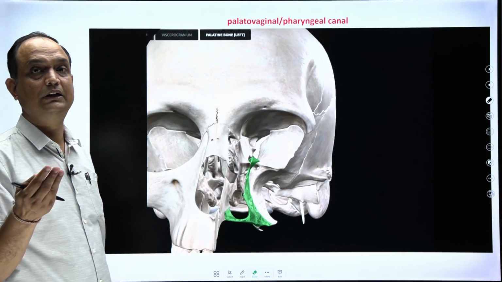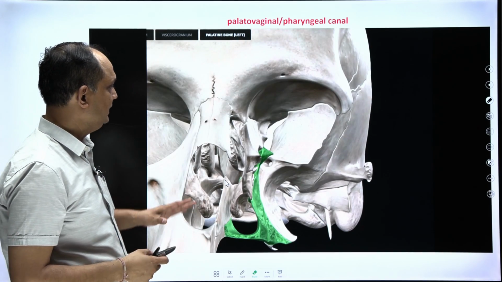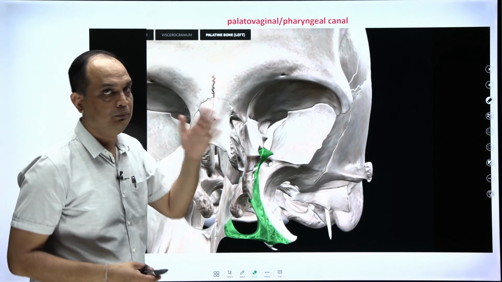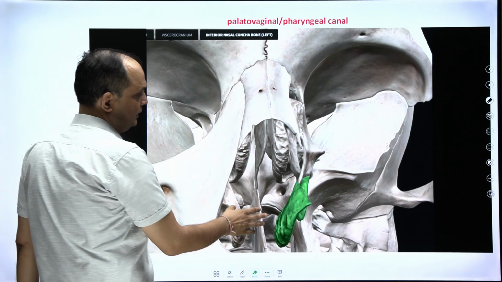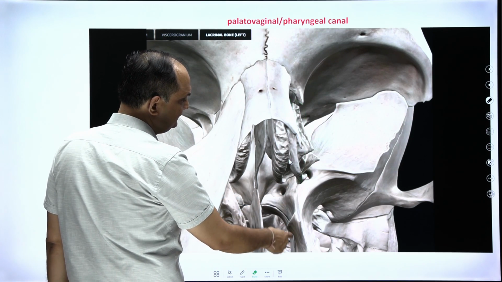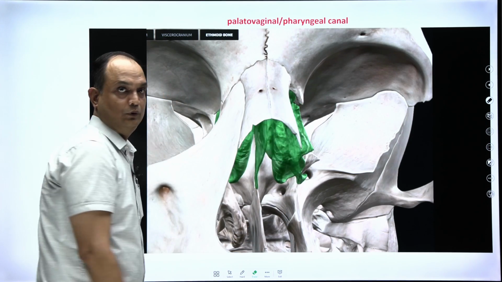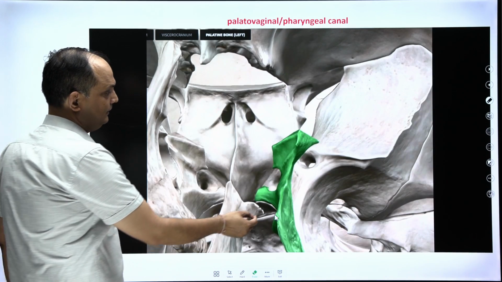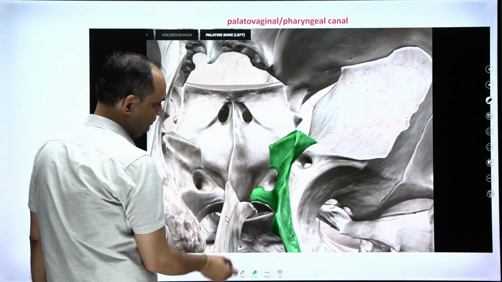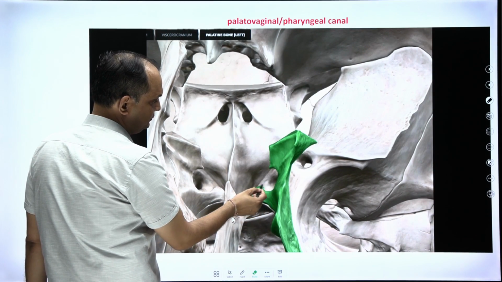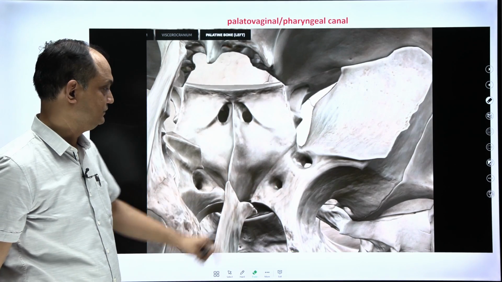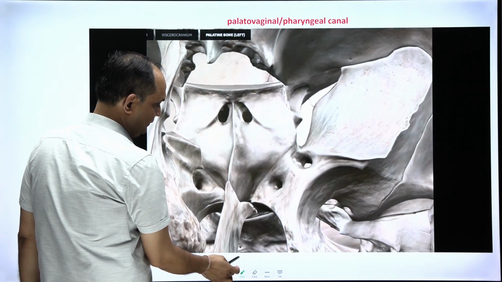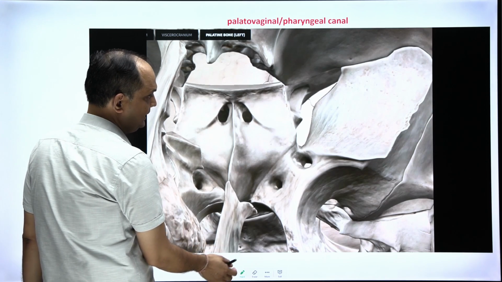Now we will move to see the palatovaginal canal. For that, we have to remove all the bones on this face. So we have removed the bones. Now here you can see that this is your palatine bone. This palatine bone has a projection known as the sphenoidal process. Now this sphenoidal process is going to make a joint.